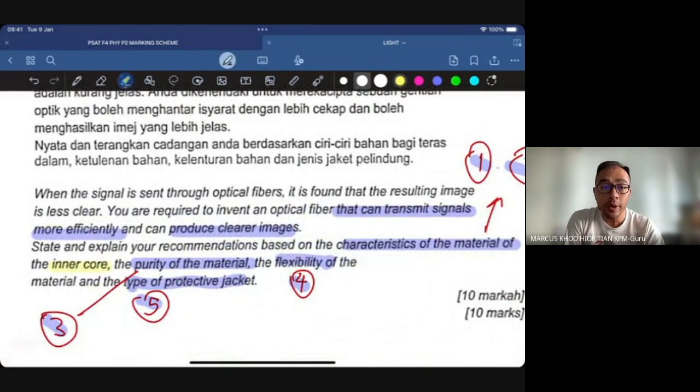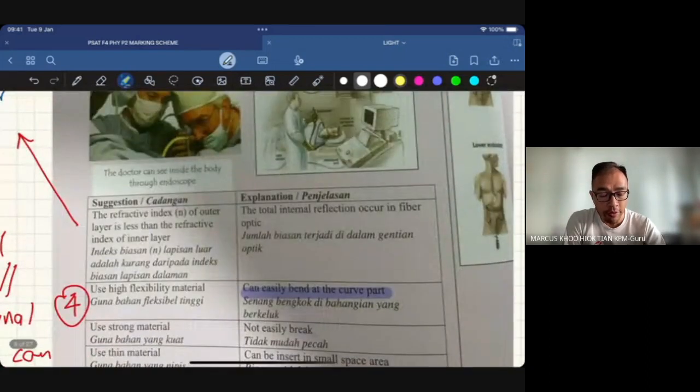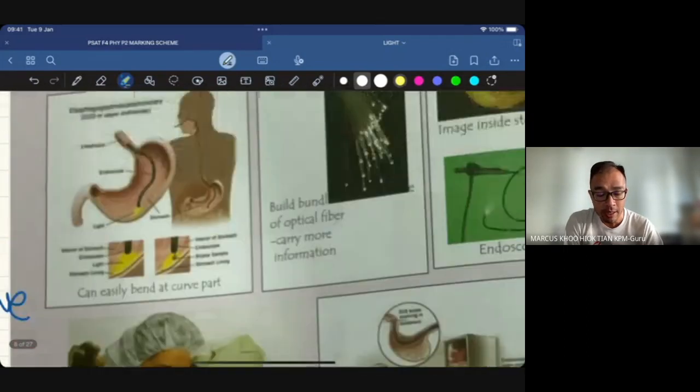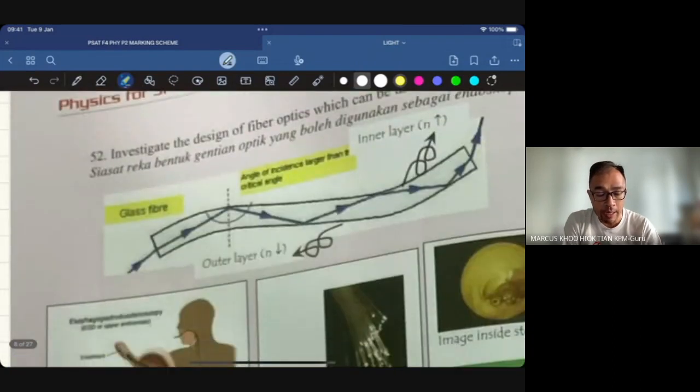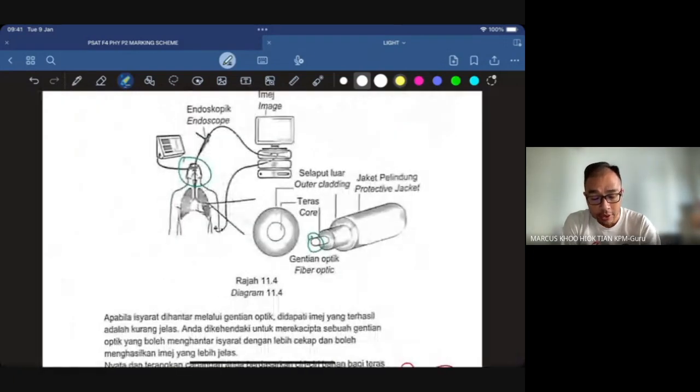Most questions involving fiber optics will ask you for the refractive index of the outer layer and the refractive index of the inner layer, because in our fiber optics, if you see over here, there's an outer layer, and then the core is the inner layer lah.